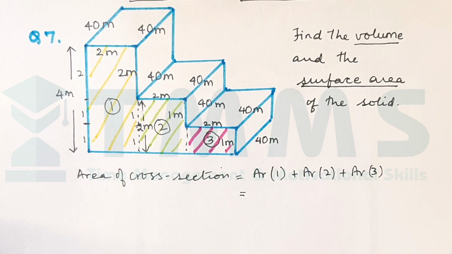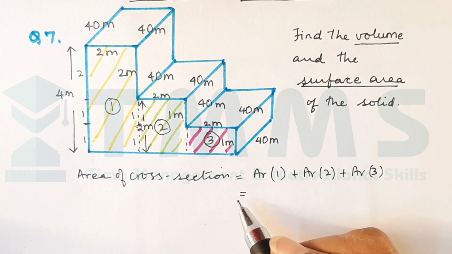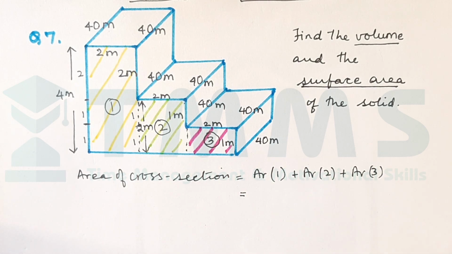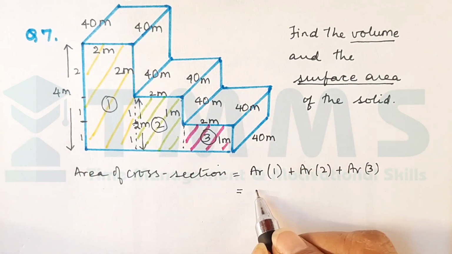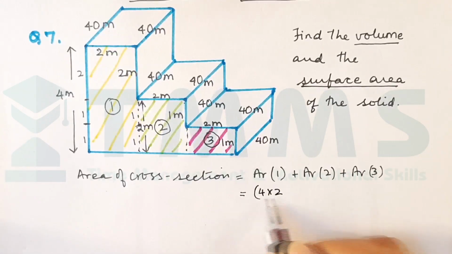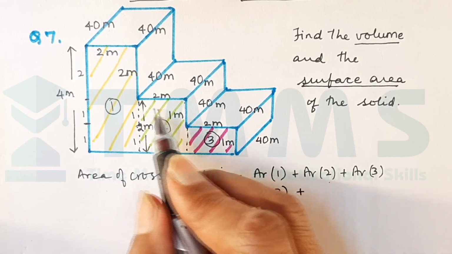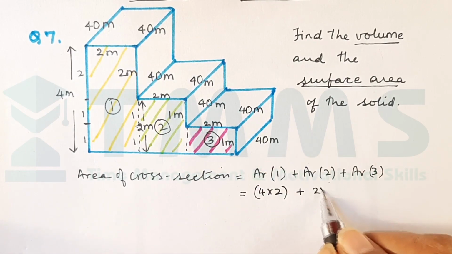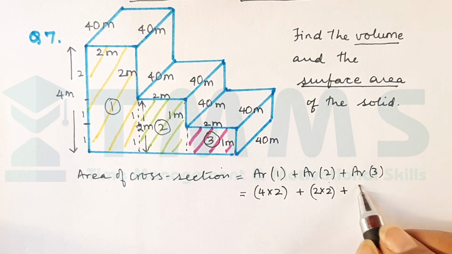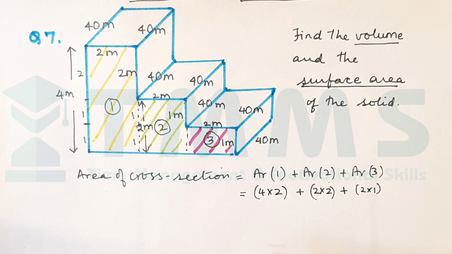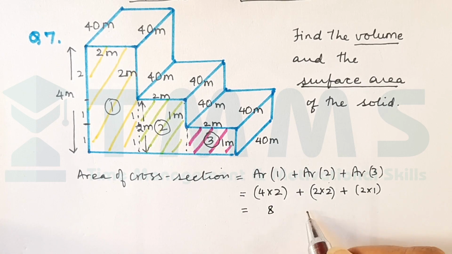Now area 1, isn't it a rectangle? And everybody knows rectangle formula. And so it is length into breadth, but we'll just write the dimensions fast. 4 into 2, we'll put bracket, plus area 2 will be 2 into 2. We'll put another bracket and area 3 will be 2 into 1. Got that? So come on, tell me fast.